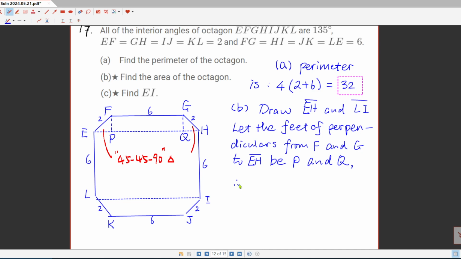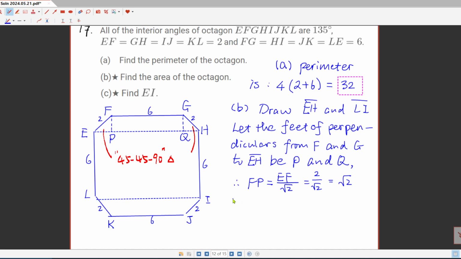Thus we have FP equals EF over square root 2, and we know EF is 2 over square root 2. That gives us square root 2. Oh, sorry, that should be 1 square root 2, right?